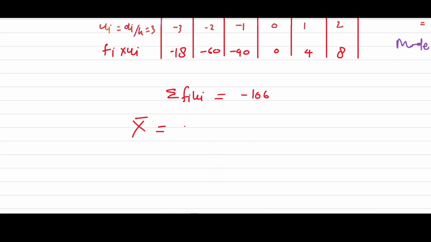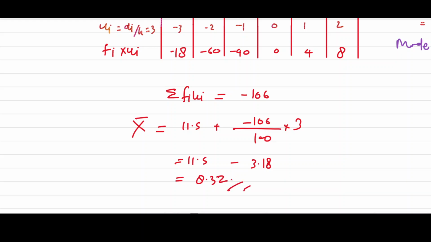Here put the value 11.5, then plus minus 106 by 100 and h, which is 3. So 11.5 minus, after solving we will get 3.18. Now here it will be 8.32. This is the answer of mean.